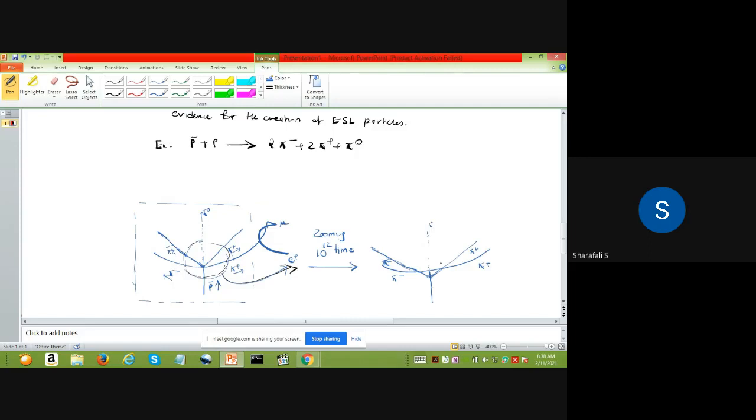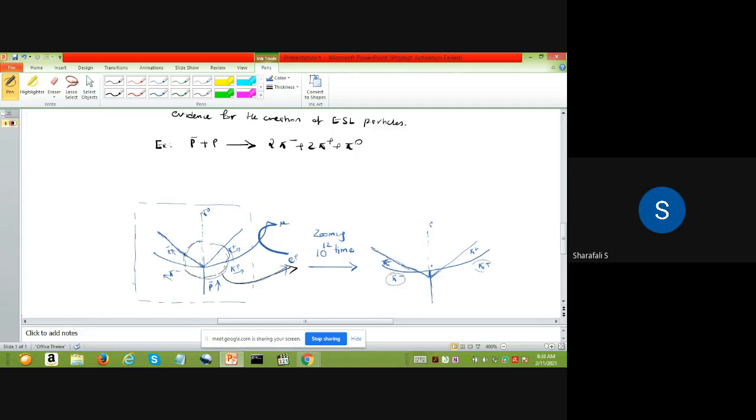So what is happening here? You will have a very short path length here. You can observe that. After that only you are getting these two pi plus and this pi minus.